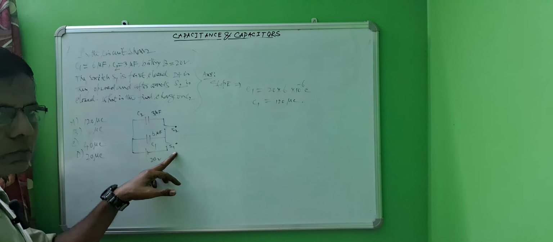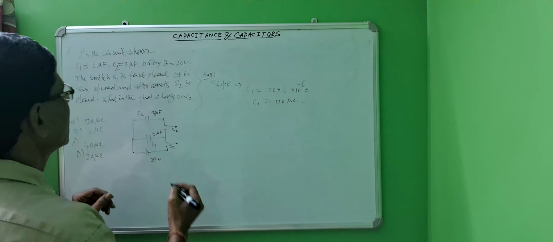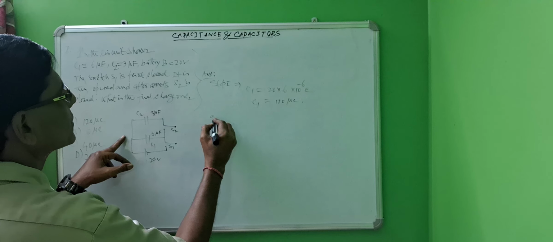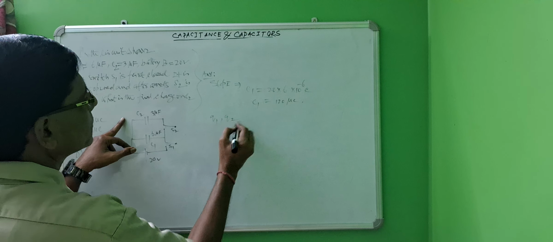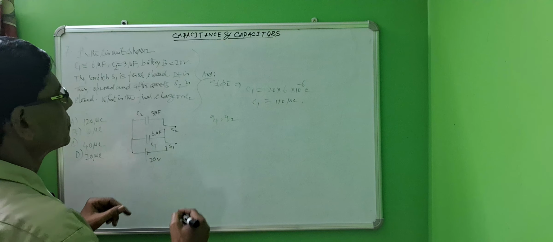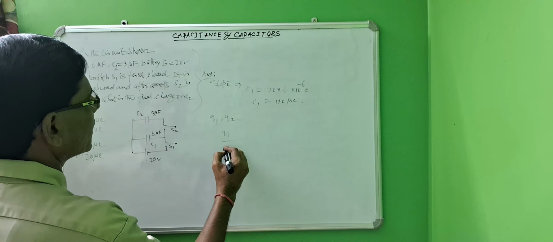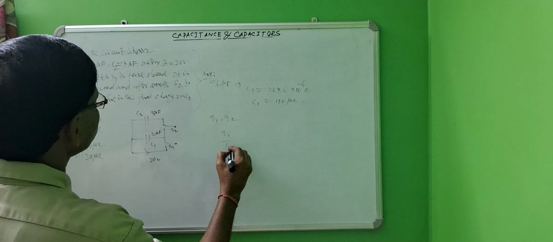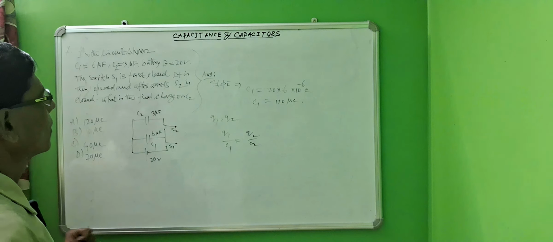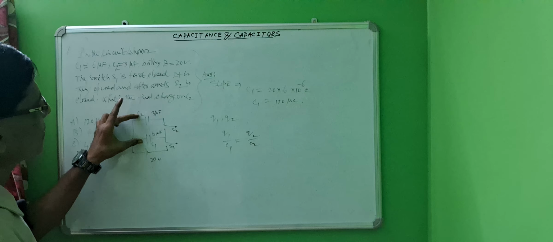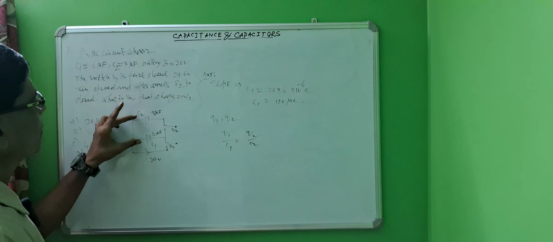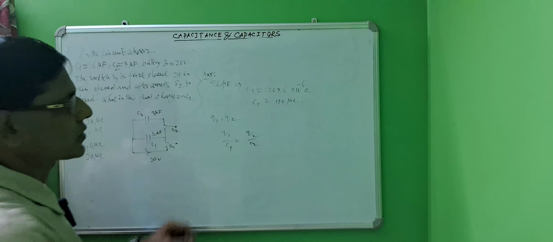When S1 is now open and S2 is closed, suppose C1 gets charge Q1 and C2 gets charge Q2. Then that charge will be distributed between these two as Q1 upon C1 equals Q2 upon C2, because these two are in parallel combination, so the voltage will remain the same.